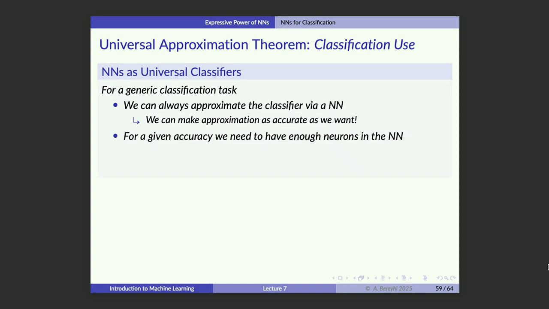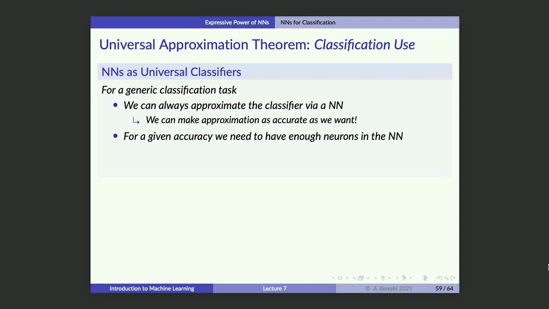And the version that you see here is the one which I am giving only for classifiers now. What it says is that if you have any general classification task, you can always approximate the optimal classifier for that task using a neural network. So there always exists one neural network which is going to do the classification either perfectly or with very, very high accuracy for you. This is the first thing, right?